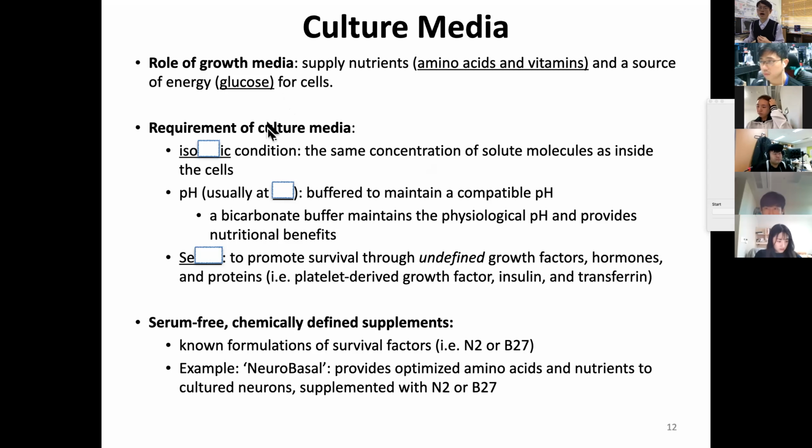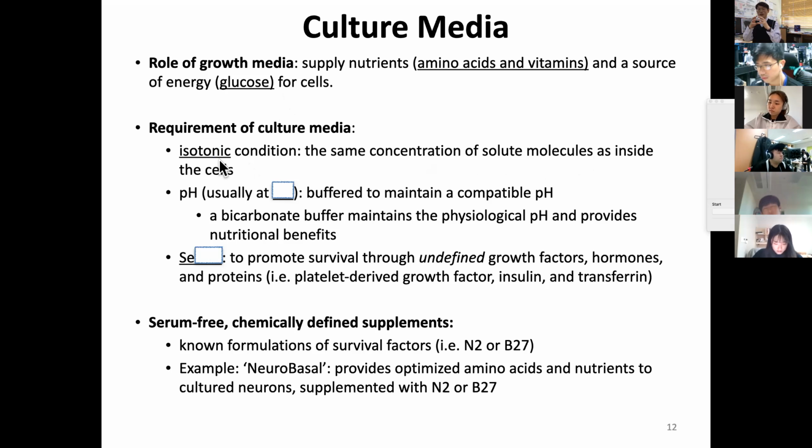So what are the requirements of culture media? You have to think of it like the fluid inside the body, such as blood plasma or interstitial fluid, which is showering the cells all the time. So you have to have the same concentration of solute molecules as inside the cells, which we call an isotonic condition.